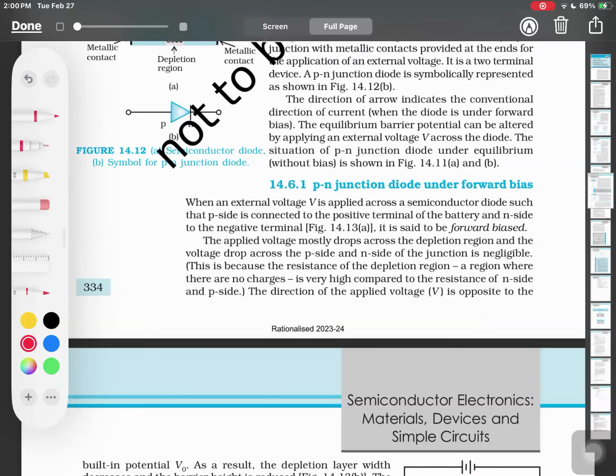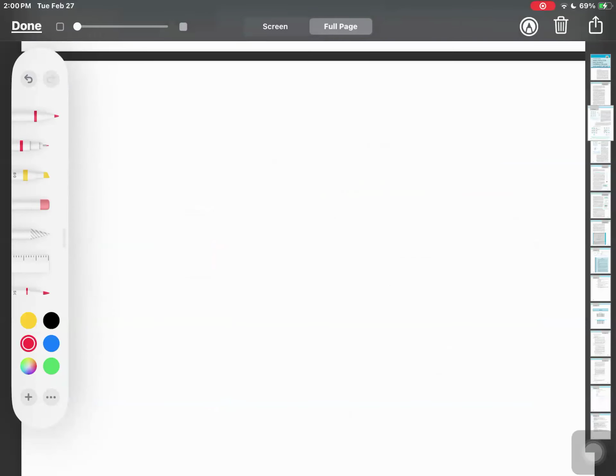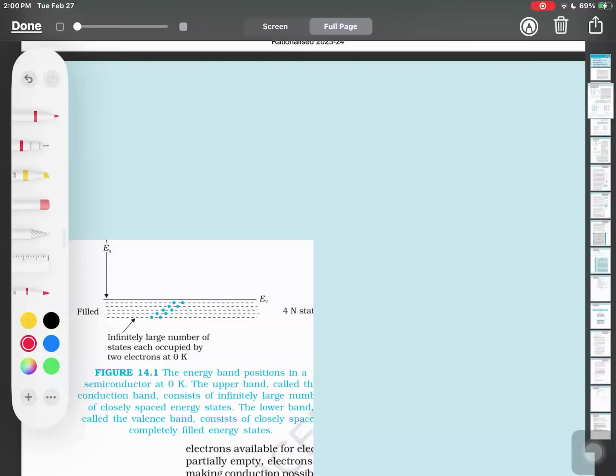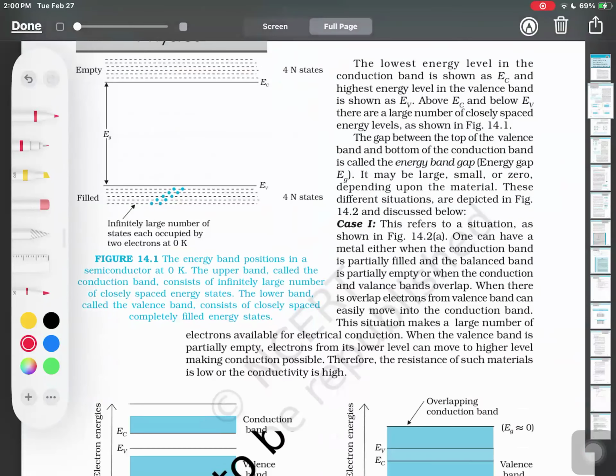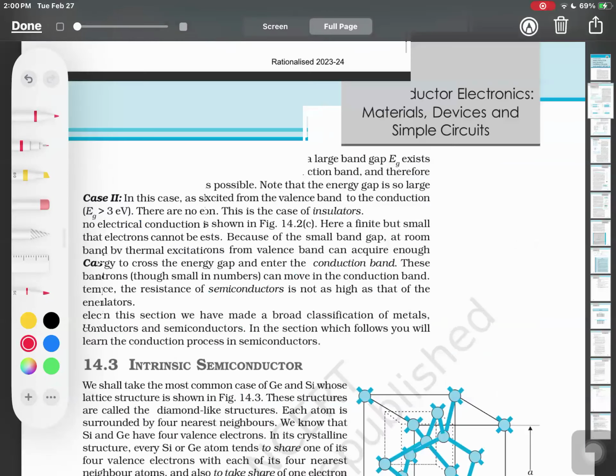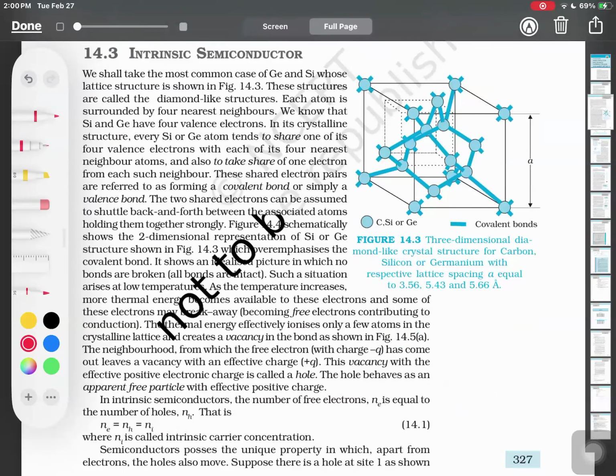One question you might be asked on intrinsic semiconductors: the probability of electrons to be found in the conduction band of an intrinsic semiconductor at finite temperature is which of the following? Keep listening carefully.